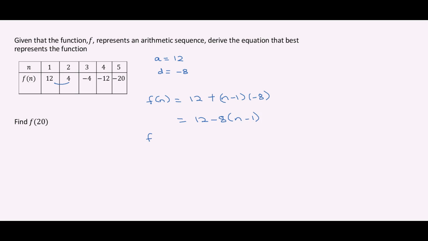So we want to look for f of 20, which is going to give us 12 minus 8 times 20 minus 1, which is 12 minus 8 times 19, which is 12 minus 152. So we have 152 minus 12, so we have 140. The negative sign is on the larger number, so we have negative 140.